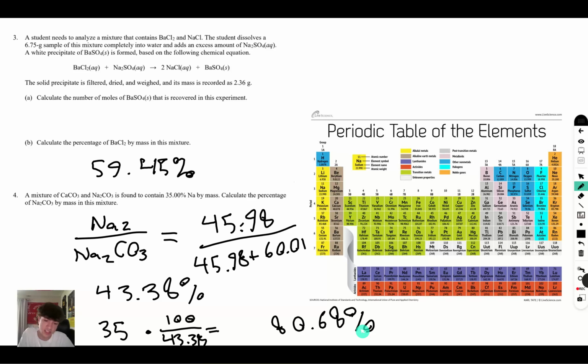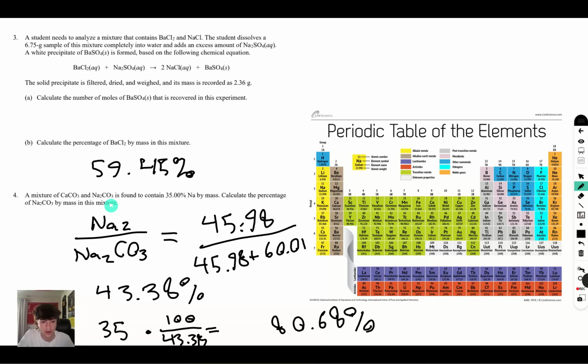And the reason that this makes sense, and we can conclude that this is a logical answer, is because Na, as we have found, is slightly less than half of what is in Na2CO3, meaning that CO3 has a little bit more mass than Na2.